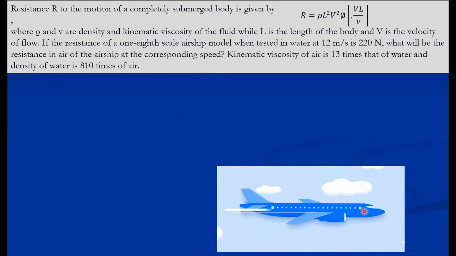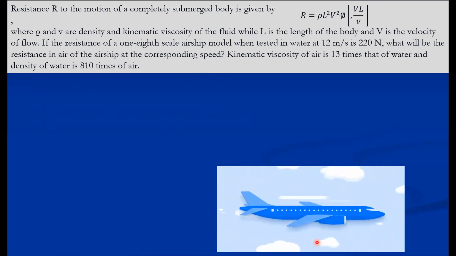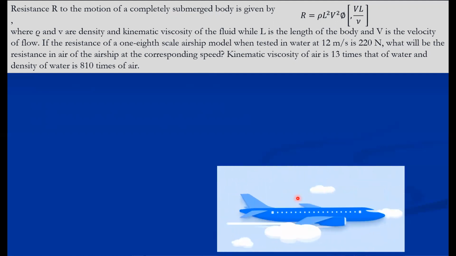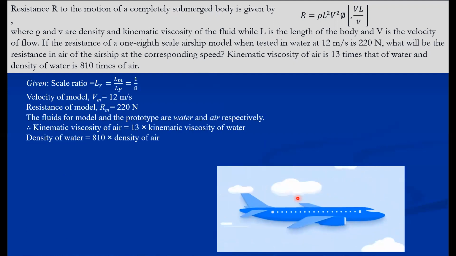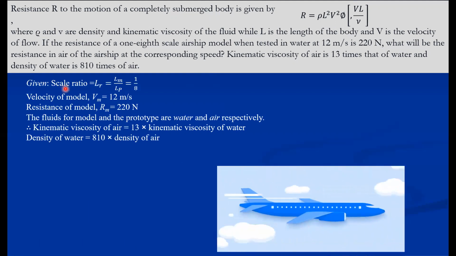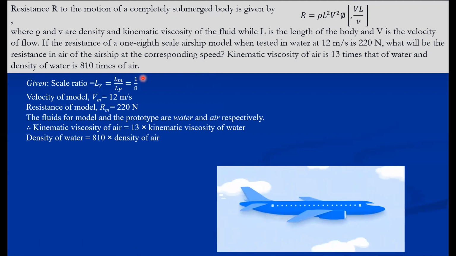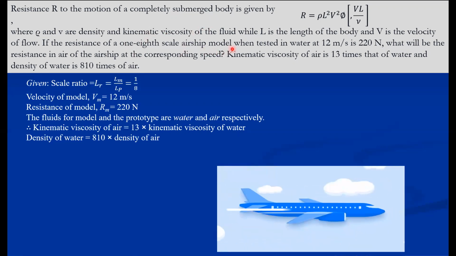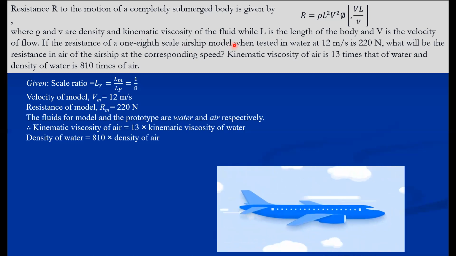We have to calculate what the value of this resistance should be in actual practice. Among the given quantities, the scale ratio is generally the length ratio, always based on this value, as the model of a ship is always smaller than the prototype.